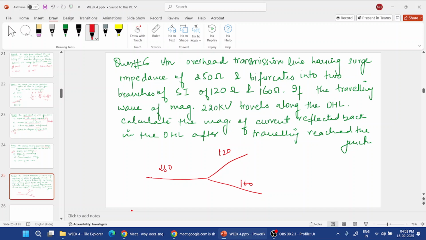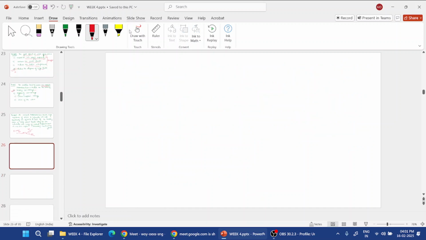The traveling wave has a magnitude of 220 kV. It travels along the overhead line. So some of the waves will get transmitted and some will be reflected back. So first we will calculate the transmitted voltage.